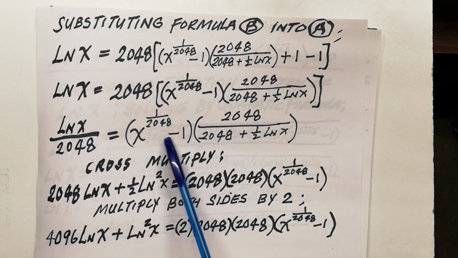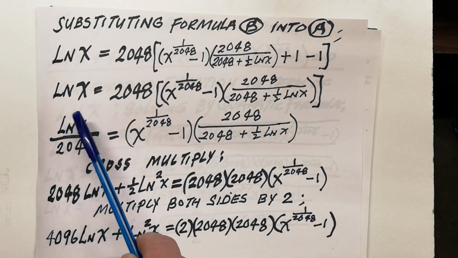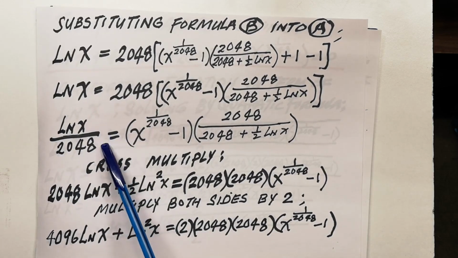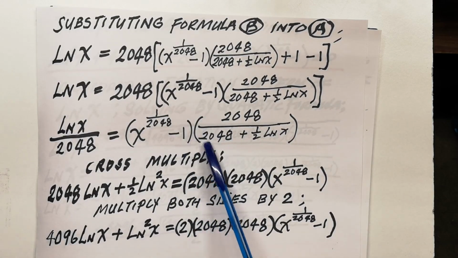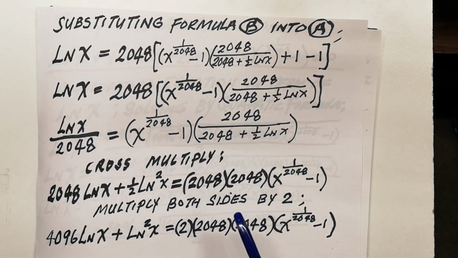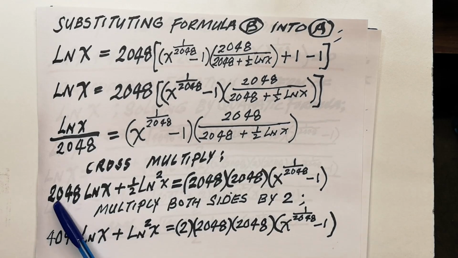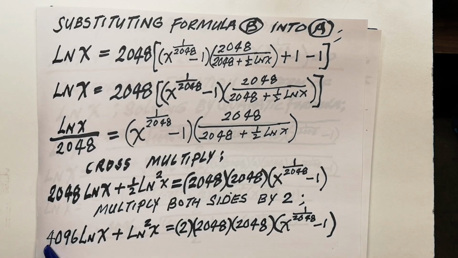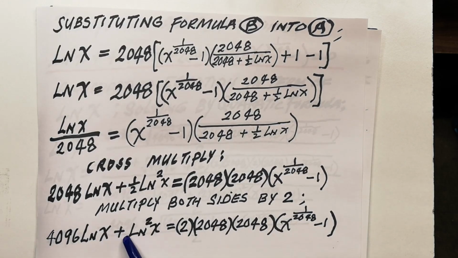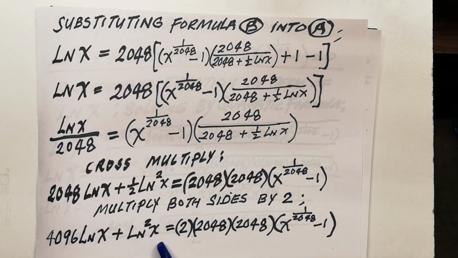And transposing, ln of x divided by 2048 equals x raised to 1 over 2048 minus 1 multiplied by this ratio. Cross multiply and you'll have this. And multiply both sides by 2, you'll get 4096 ln of x plus ln square of x equals 2 times 2048 times 2048 times x raised to the 1 over 2048 minus 1.